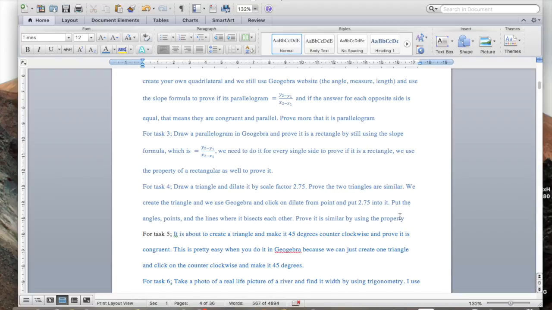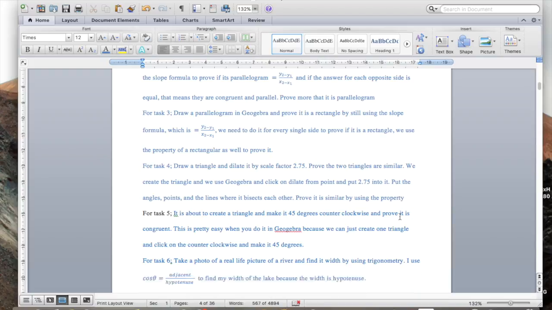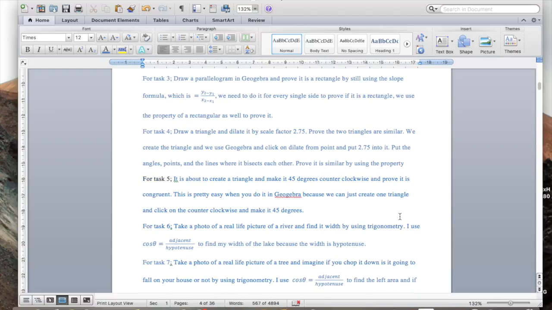And we need to find the angle points and the line where it bisects each other and prove it is similar by using the property. For task 5, it's about creating a triangle and rotating it 45 degrees counterclockwise and proving it's congruent.